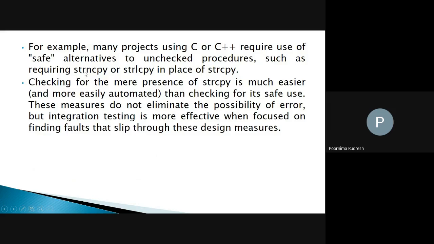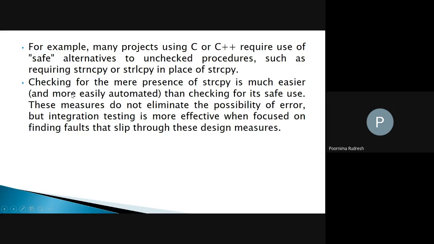Along with that, we are requiring strncpy. So when we're using these two in place of string copy, then we have to check which type of parameter or which type of procedure is used. So there we are using the safe alternative method in order to avoid the faults.